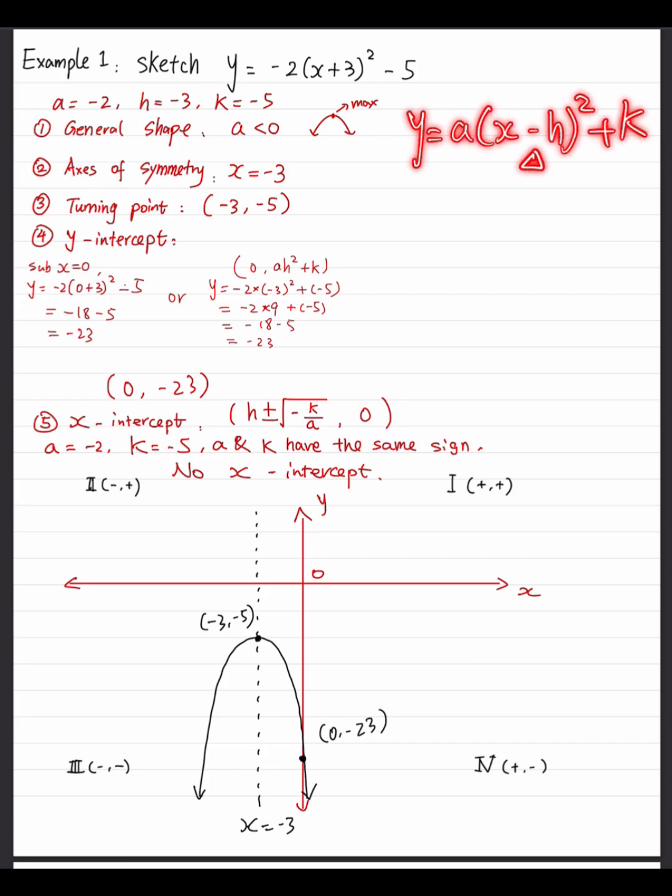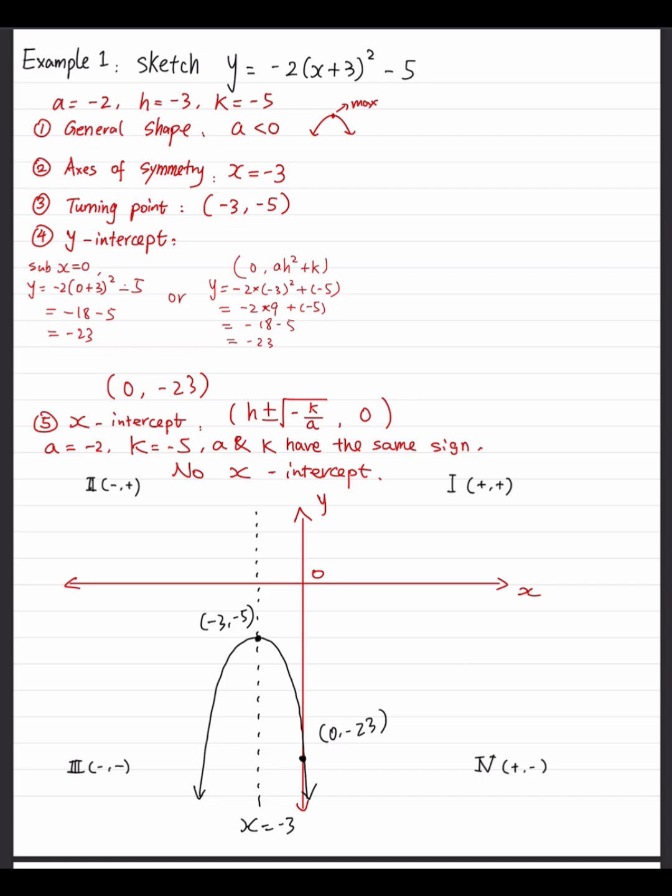So it's x minus h, which means if you have a plus positive number, you have to convert it into a minus negative number. So in this case, we recognize that h is negative 3. k is whatever number shows at the back, which is negative 5. Now, since a is a negative number, that tells us we have a sad curve with the turning point being the maximum.